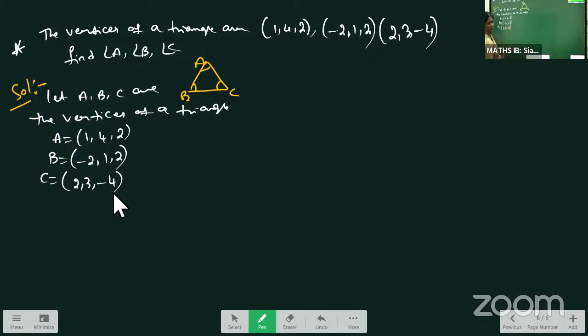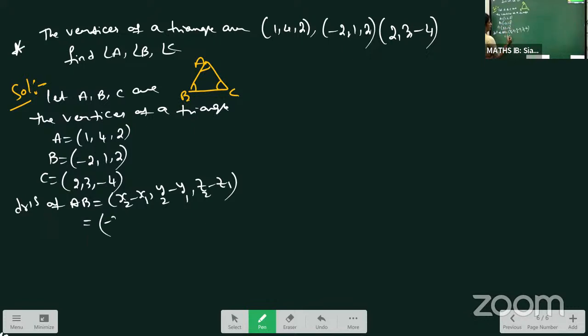Then find out the direction ratios of all 3. So first, DRs of AB. When 2 vertices are given, what is the DR? x2 minus x1, y2 minus y1, z2 minus z1. A point is x1, y1, z1, and B point is x2, y2, z2. Substitute: minus 2 minus 1, 1 minus 4, 2 minus 2. Getting minus 3, minus 3, 0.